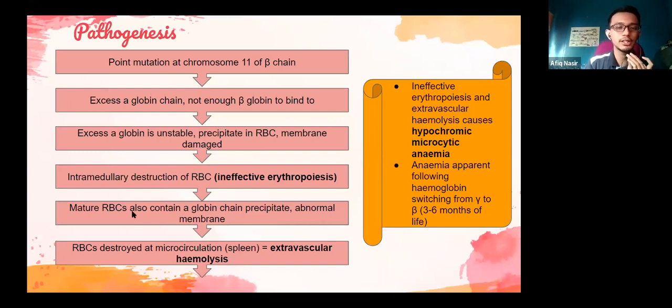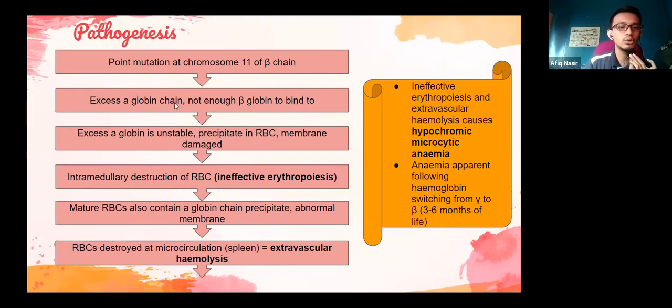Okay, this is the pathogenesis of beta thalassemia. Like I mentioned earlier, there will be a point mutation at chromosome 11. Because of this, there will be an excess of alpha globin chain. There will not be enough beta globin chain to bind to the alpha globin, causing an imbalance in the ratio of alpha globin chain to beta globin chain.